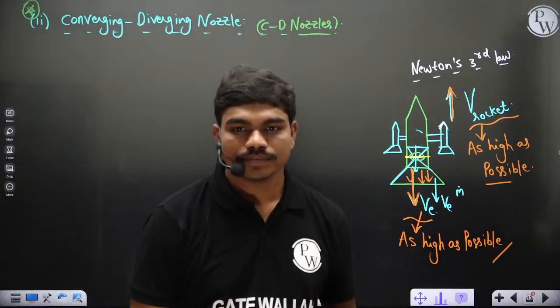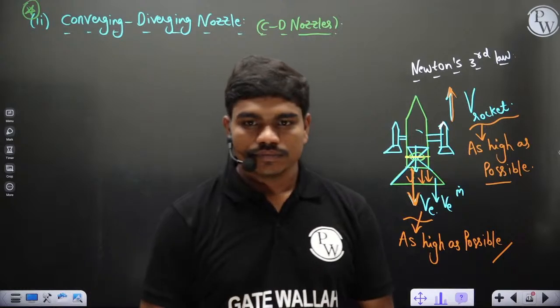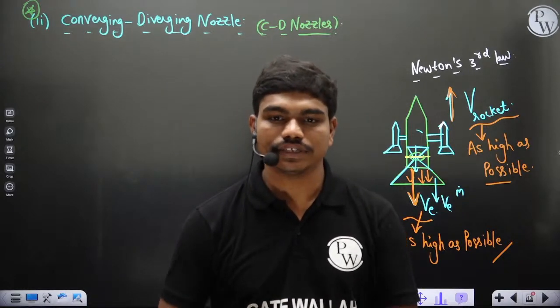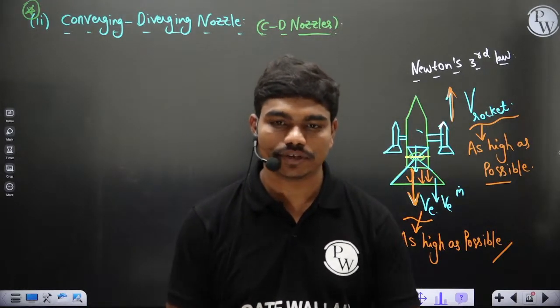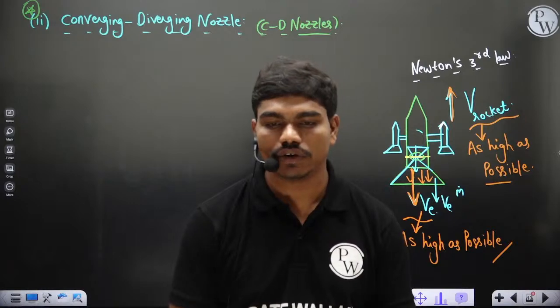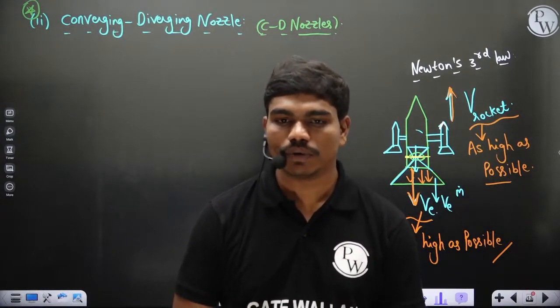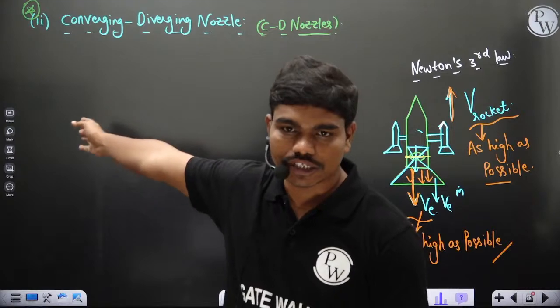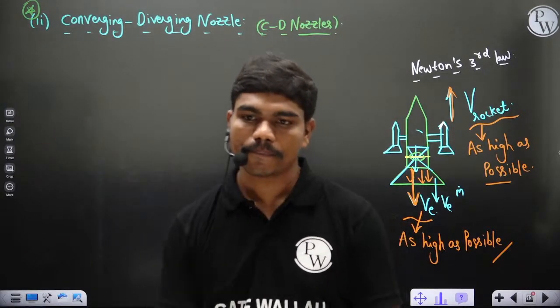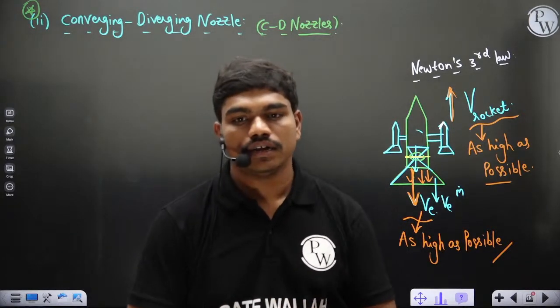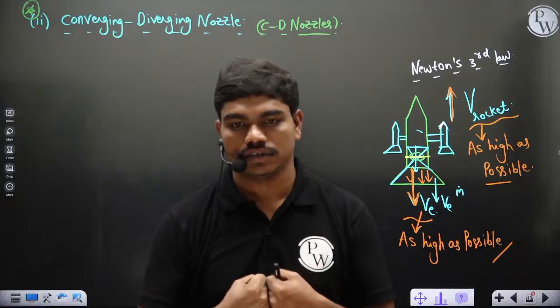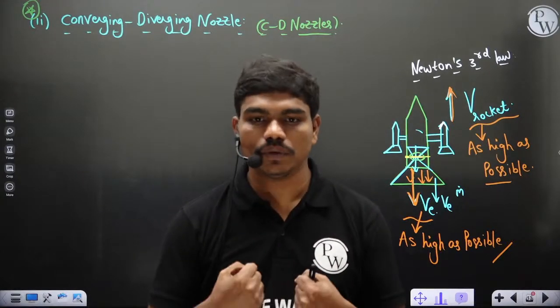Clear? Of course, generally we deal with subsonic regimes in our day-to-day life, like fluid flows. Is this clear to all of you? What is the importance of these converging-diverging nozzles? Fine. So at the throat, the Mach number is equal to 1 in general.